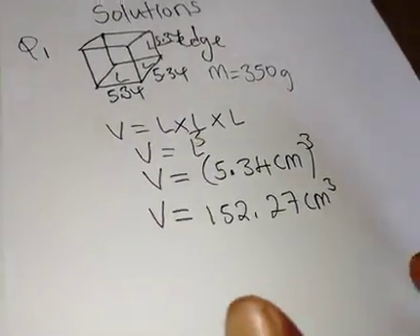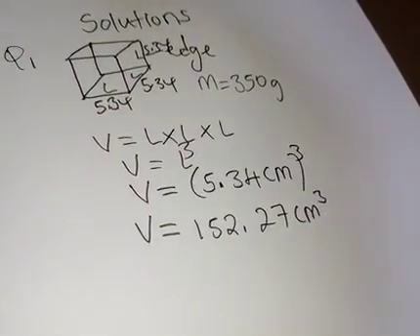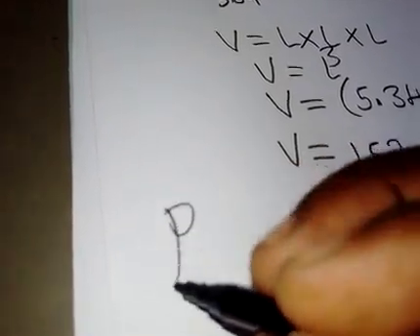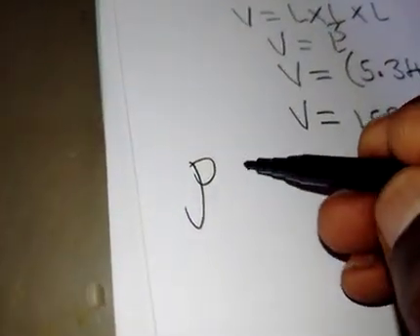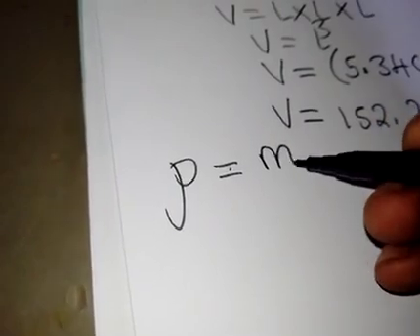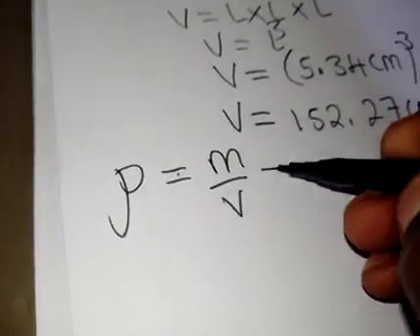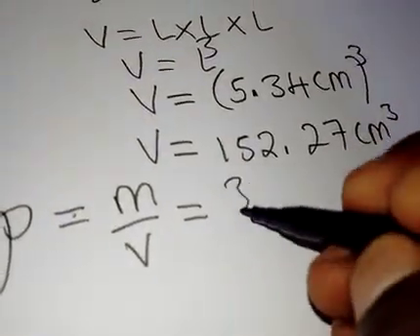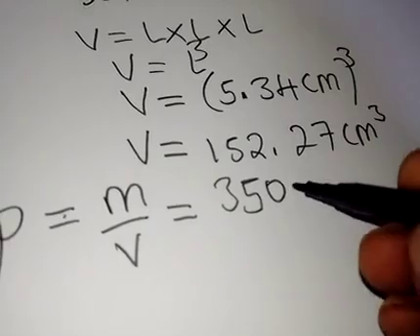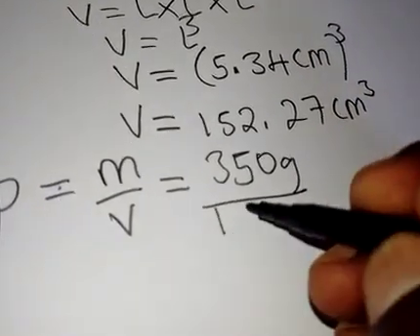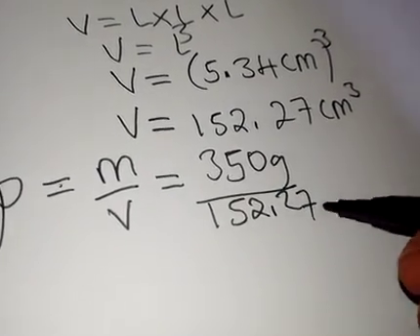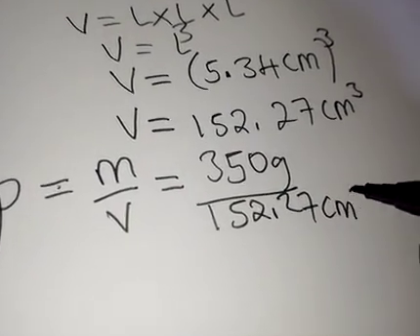So we have the volume and the mass. It's possible to find density. So we know that density is equal to mass over volume. So this will be equal to, what is the mass? 350 grams over 152.27 cubic centimeters.